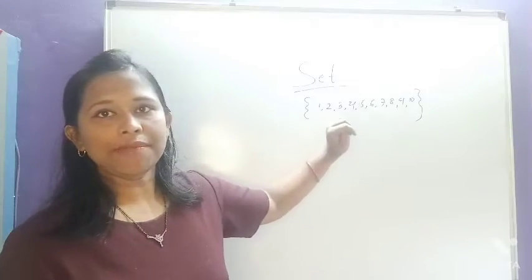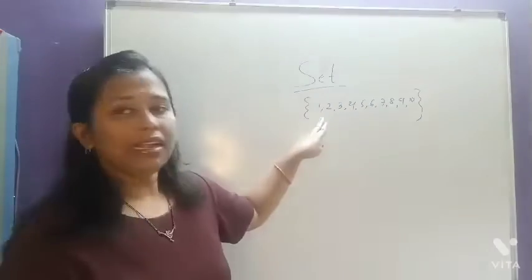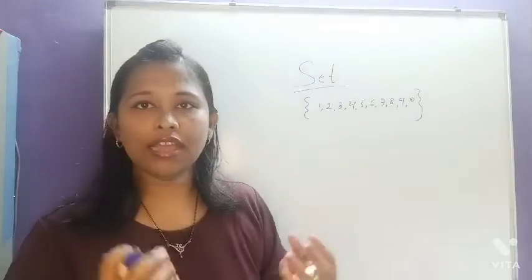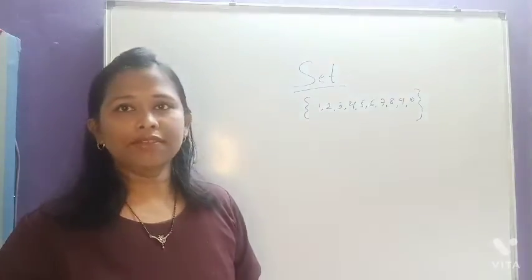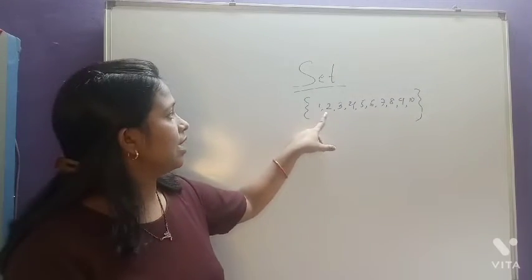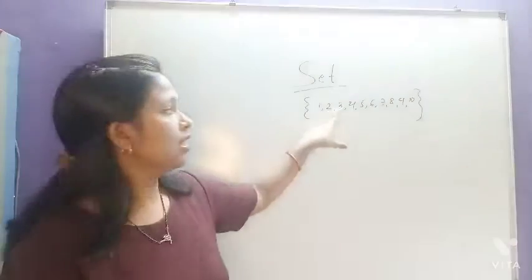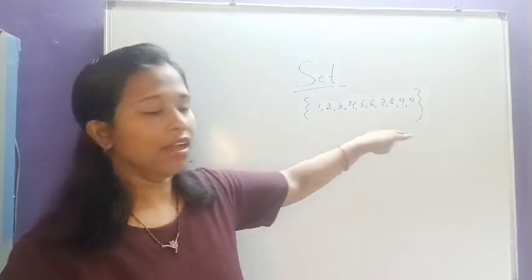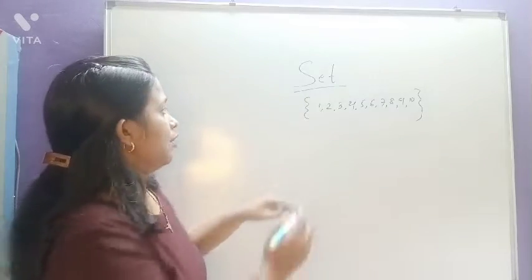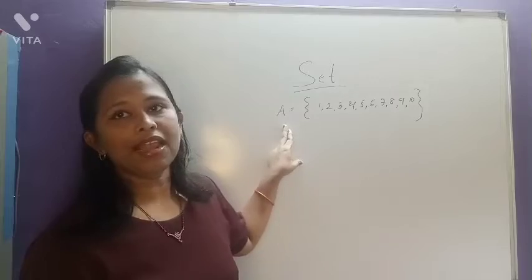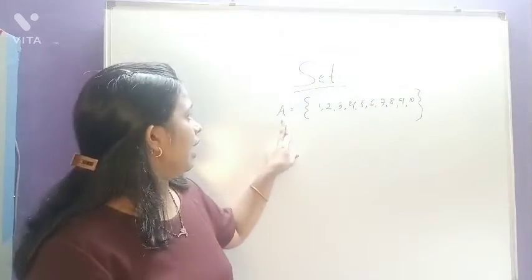What is an element? The objects that we keep inside a set are called elements. Here 1 is an element of this set, 2 is an element, 3 is an element. In this way 10 is also an element of this set, and we denote this set by any capital letter.